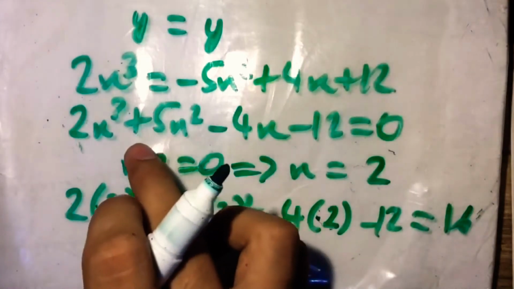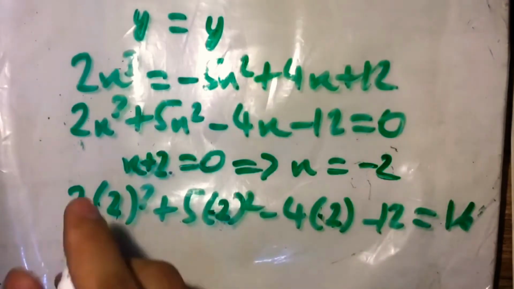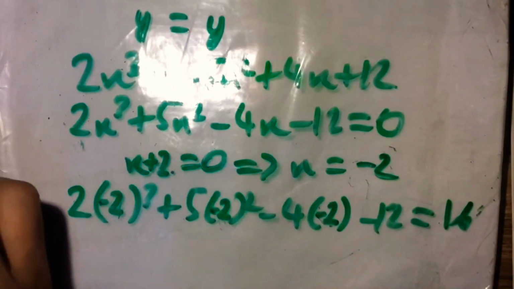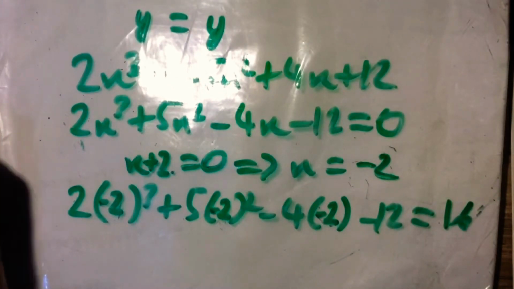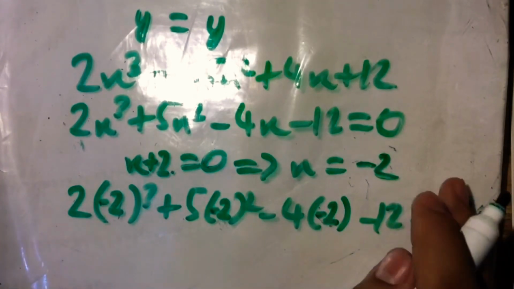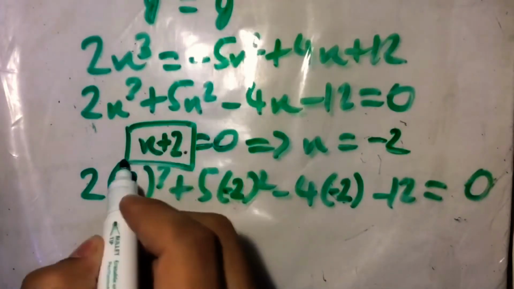Now we'll take x plus 2, so we'll get x as minus 2, and we'll take minus 2 in all these brackets. This is coming equals to 0. So the first factor is x plus 2.